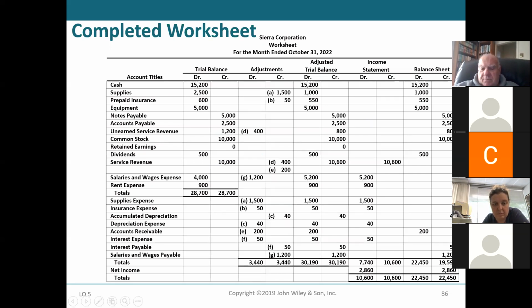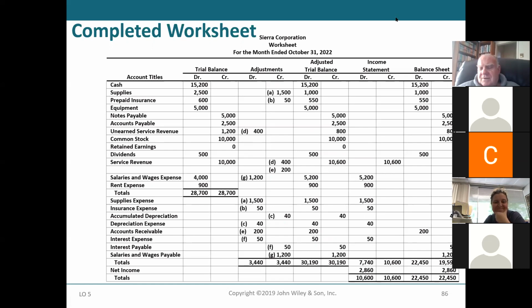Same thing over here. If we did this correctly, we're going to balance by the profit number on the debit side here, and on the credit side here with the balance sheet. We brought everything over. So does that make this spreadsheet a little less scary to put together?